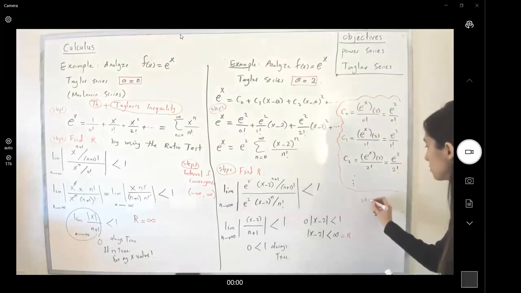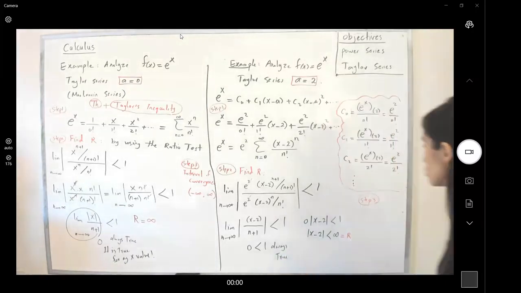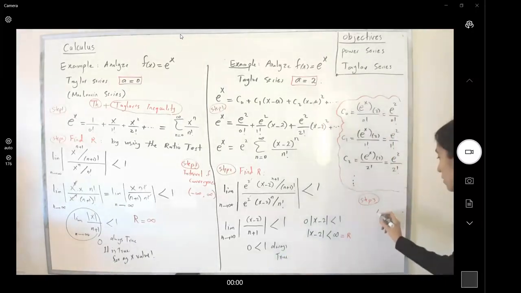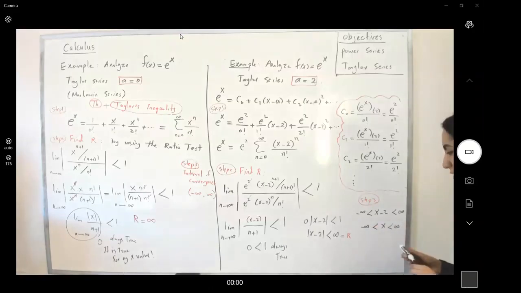And step 3, to find the interval of convergence, you have x minus 2 bounded between negative infinity and infinity. So x is between negative infinity and infinity.